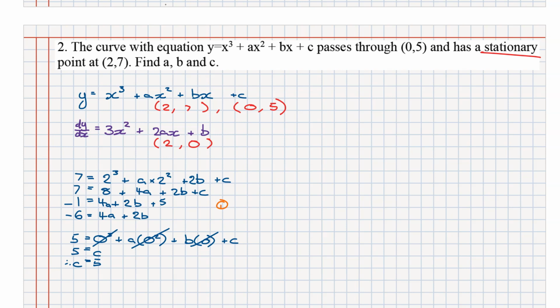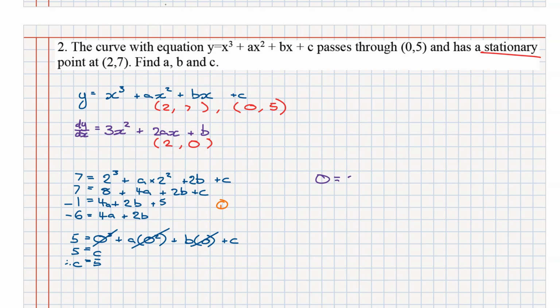Now looking at this derivative function, let's see if we can build another equation. The reason the y value is 0 is because if this is a stationary point, then it's going to have the same x value, but the y value will be 0. That's how we know that this point lies on this derivative function.